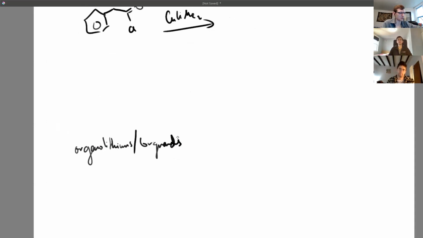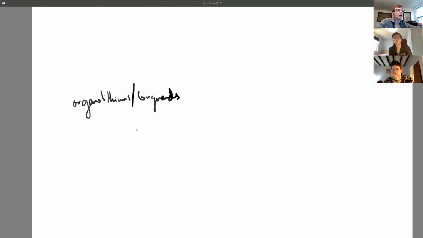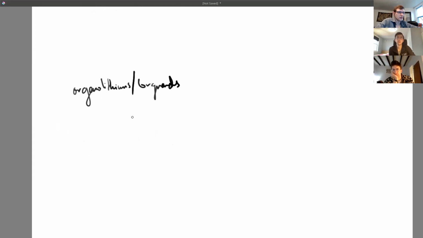I remember you guys mentioned, last week or 2 weeks ago, there's one case where organolithiums are different, which is, I think, when you were trying to make a tertiary alcohol out of an acid. I think in that case you needed to use specifically organolithiums, but otherwise in all cases Grignards and organolithiums are the same. It was carboxylic acid to ketone, I think. Can't use Grignards. Yeah. That makes sense.